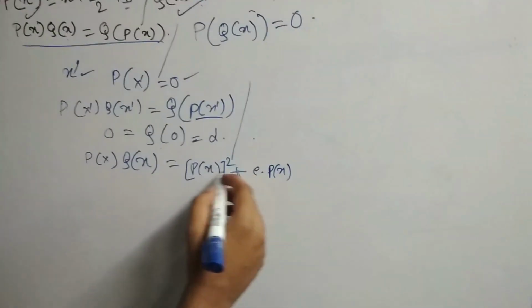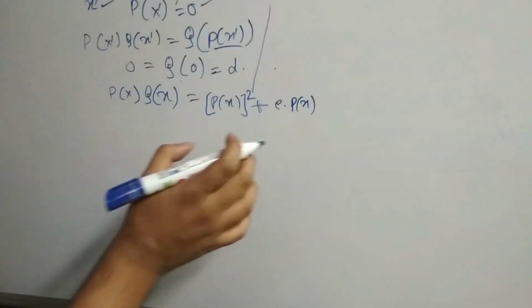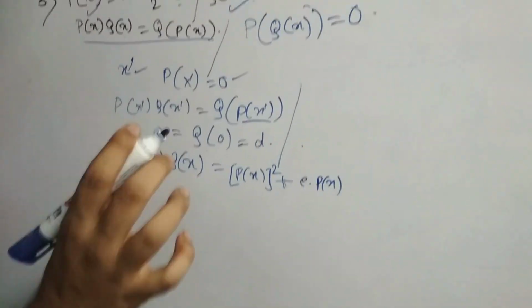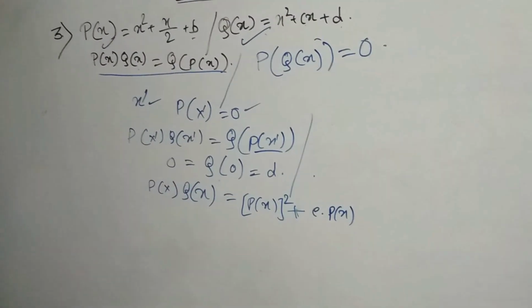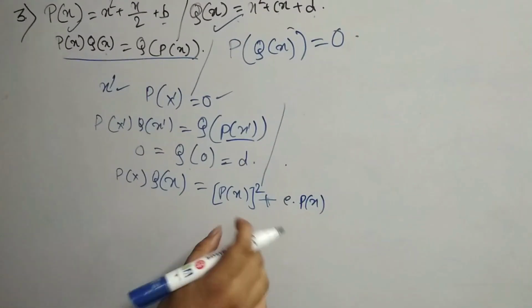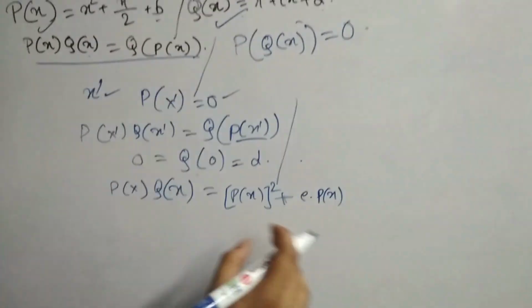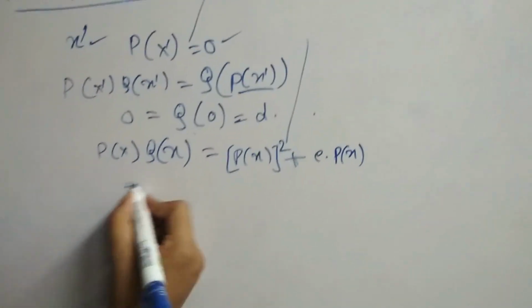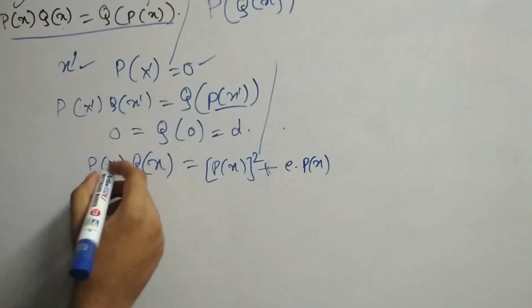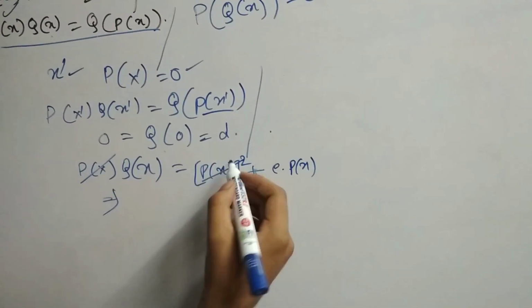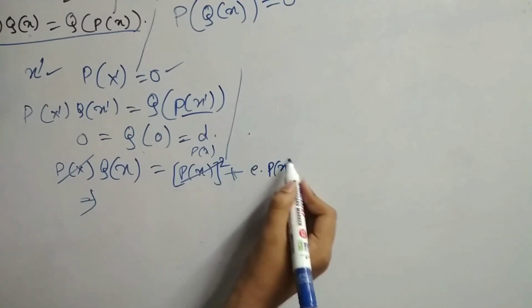Now you can see P(x) gets cancelled from both sides, and it's fine to cancel all these P(x)'s because they are not 0. Be sure that it's an identity, so there is no issue with cancelling. So we can cancel P(x) from both sides to get an expression.